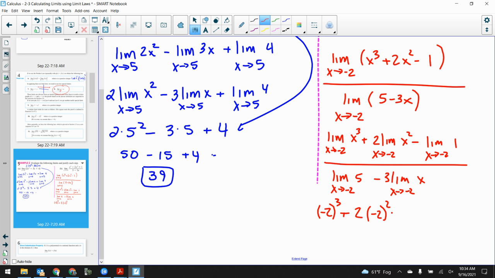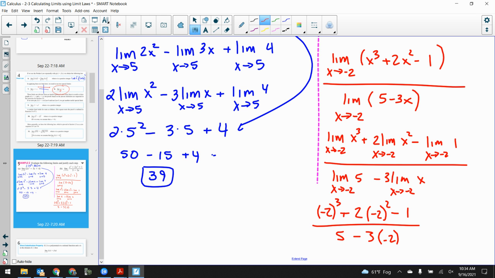Not 0, not negative 2. It's 1. It always goes to the constant. All divided by, excuse me, the constant, again, same thing here. The limit as x approaches negative 2 of 5 is 5 minus 3 times the limit as x approaches negative 2 of x, which is just negative 2.